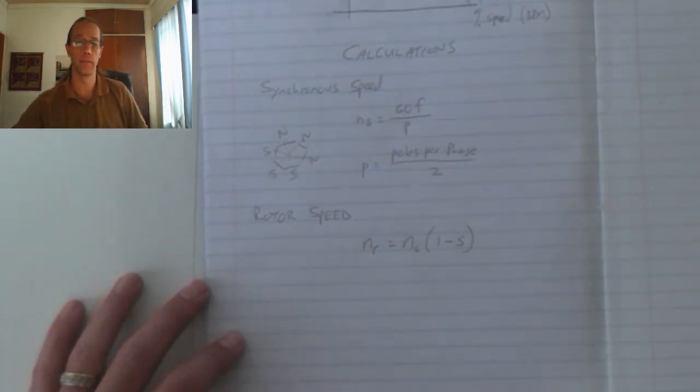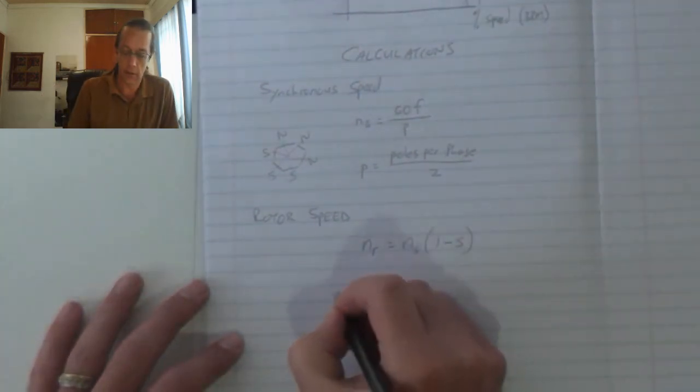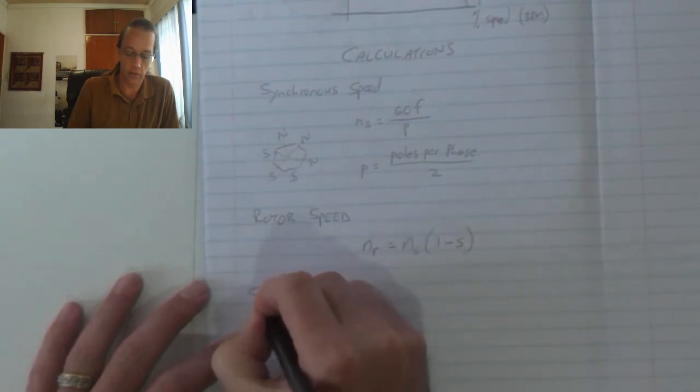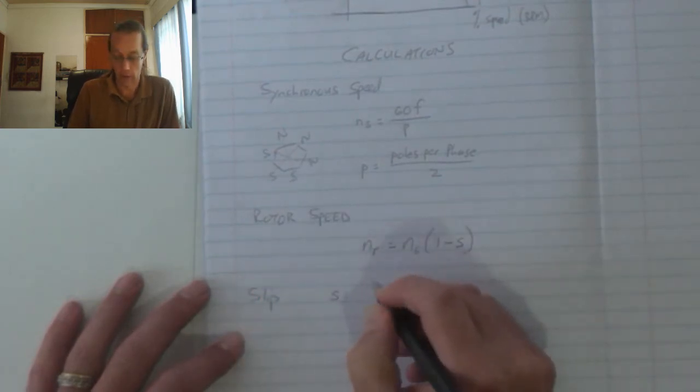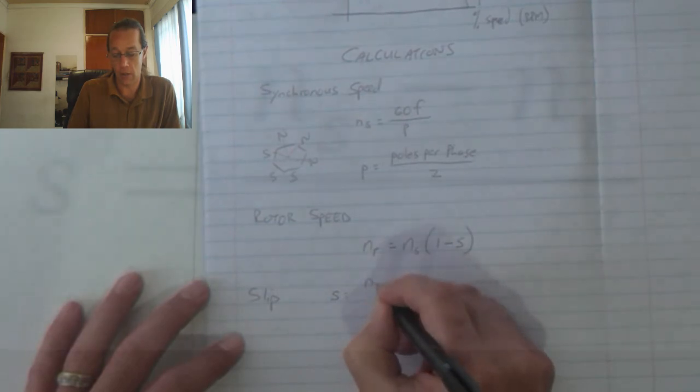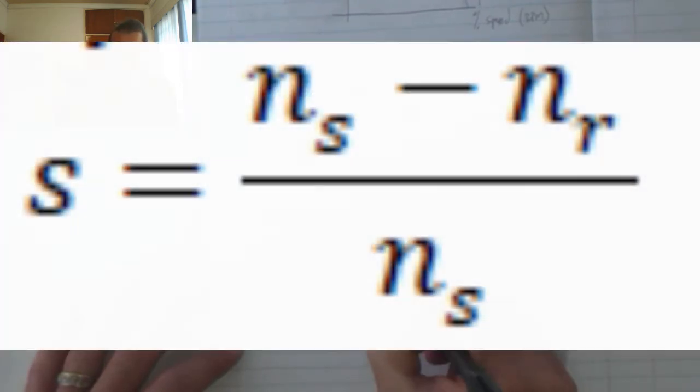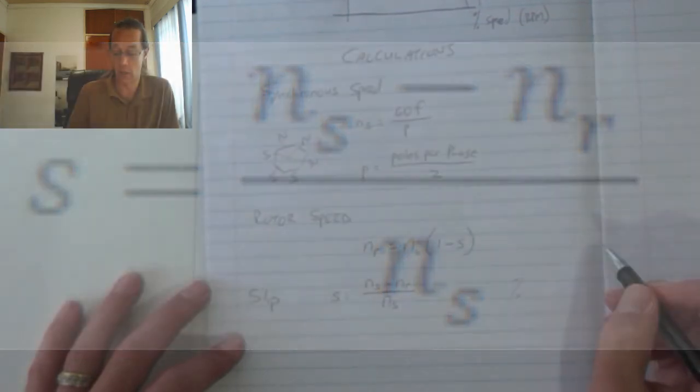The slip is calculated as the ratio NS minus NR divided by NS, and it is expressed as a percentage value.